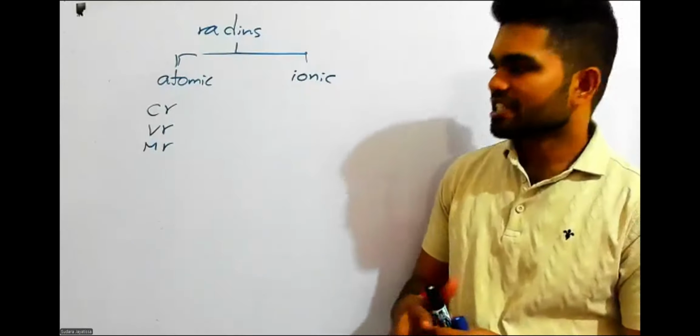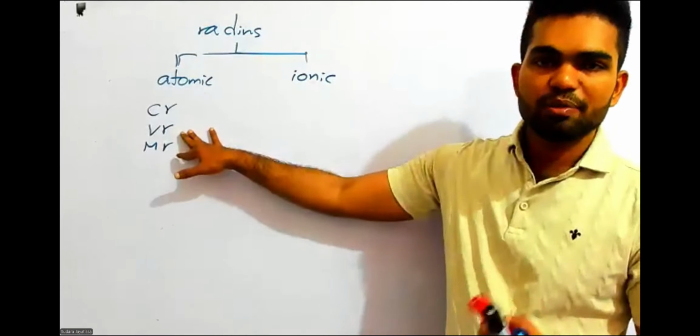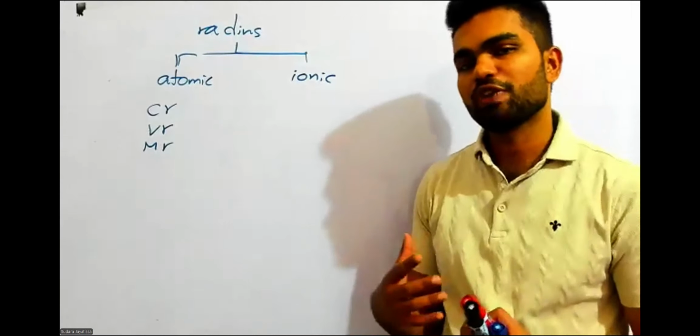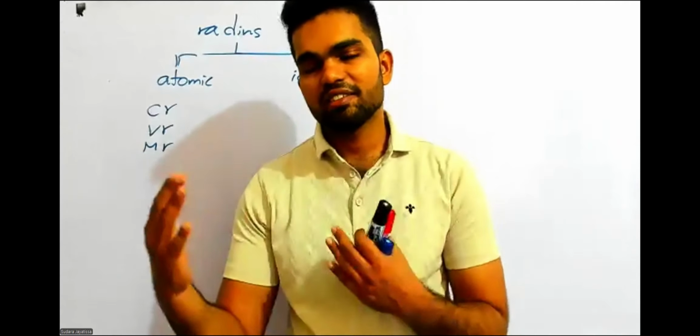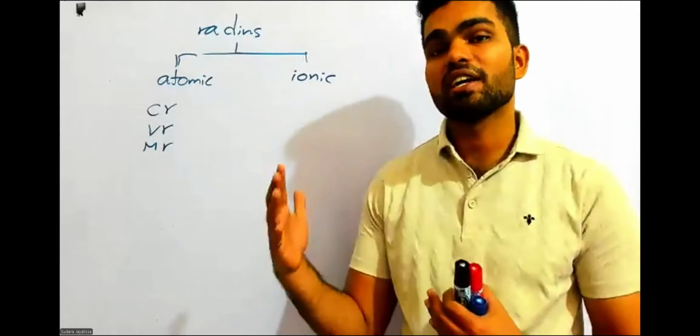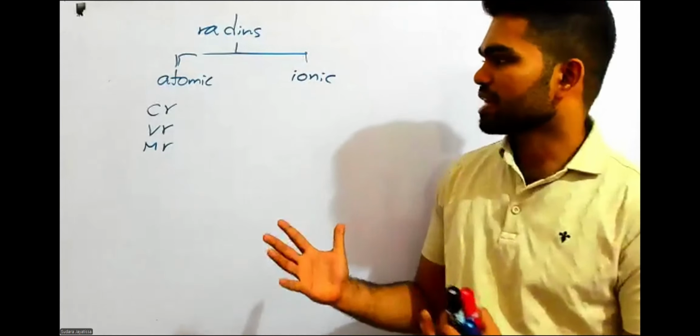So we get some estimation of the atomic radius using these three ways. There's no way of actually finding the distance from the nucleus to the outer margin of the atom, because the outer margin is not definite. I hope you understand that.